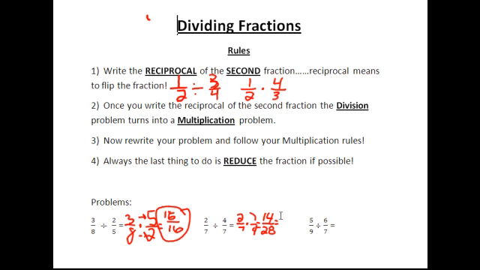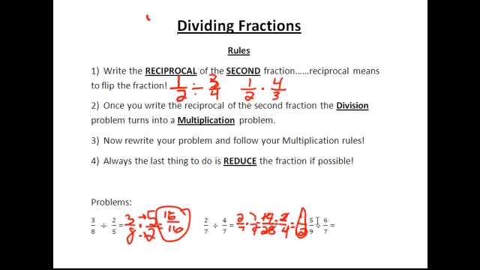Now a number that 2 and 4 are both divisible by is 2, I'm sorry. So if I divide 2 by 2, I'm left with 1. If I divide 4 by 2, I am left with 2. So I am left with 1/2. So 1/2 is my answer.